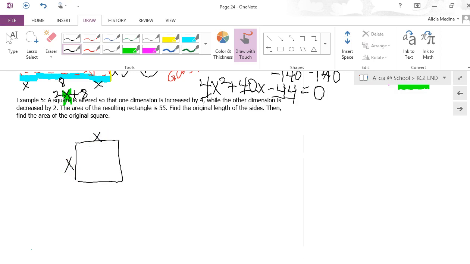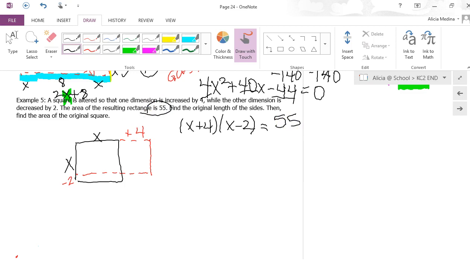But then, the other side would be subtracted by 2. And this would be a minus 2 here. So my binomials then would be an x plus 4 and an x minus 2, all equal to our original area, which was a 55.